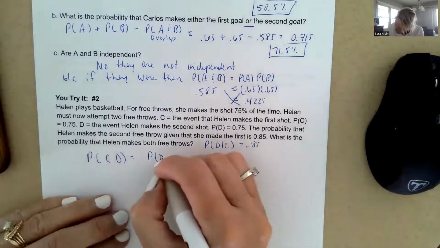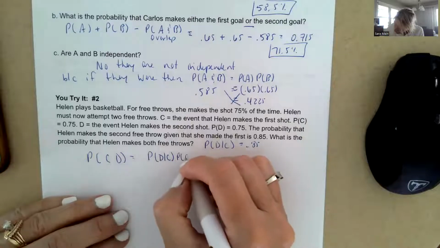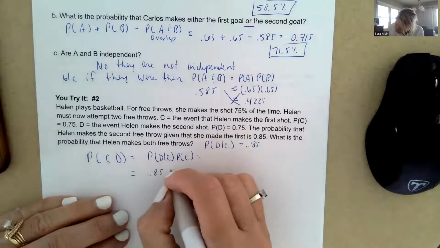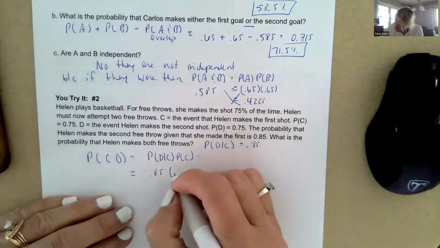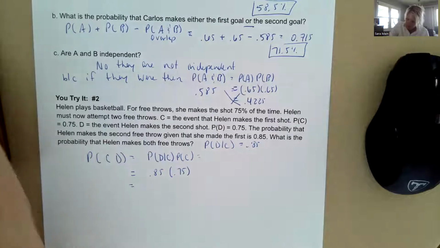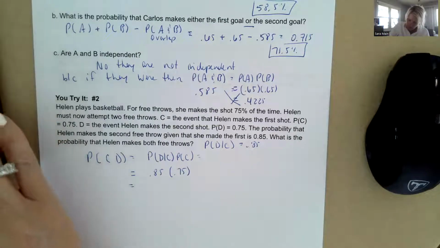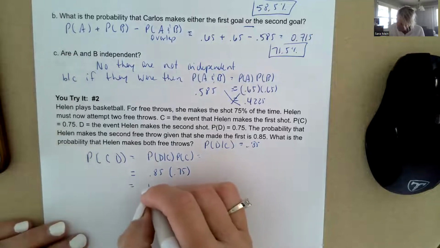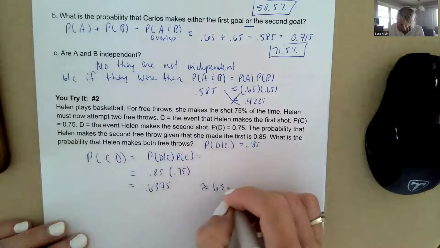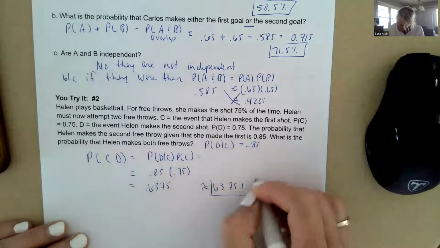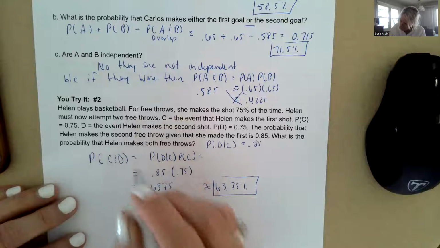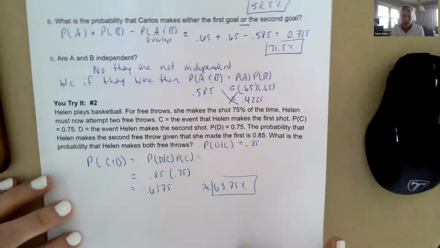So we need the probability of D given C times the probability of C. And so we have 0.85 times the probability of C, which is 0.75. 0.85 times 0.75 is 0.6375. So about 63.75% of the time that she makes C and D. She'll make the first one and the second.